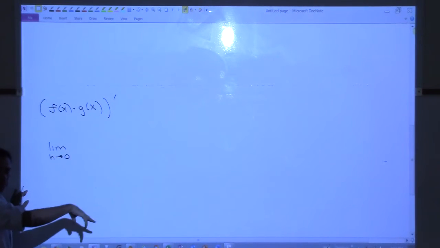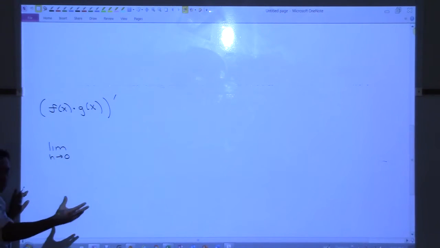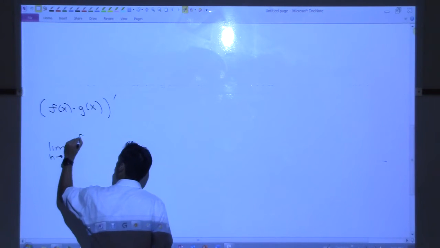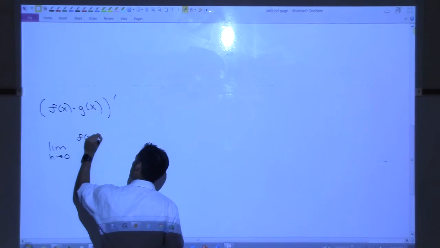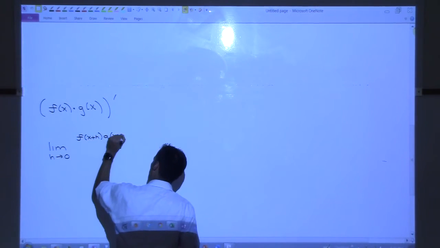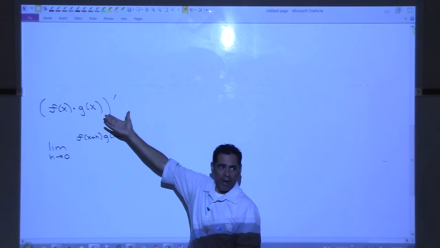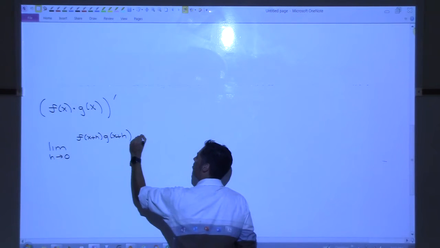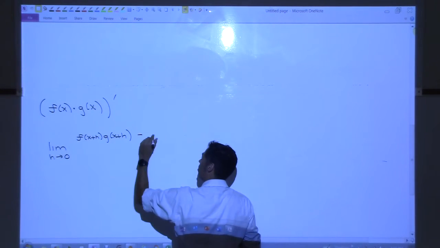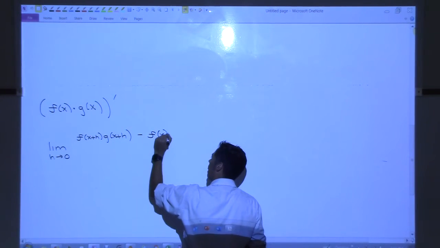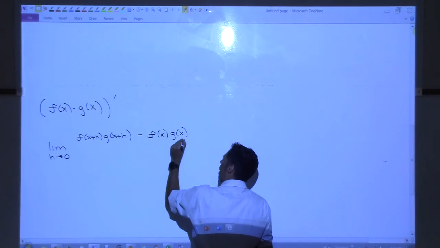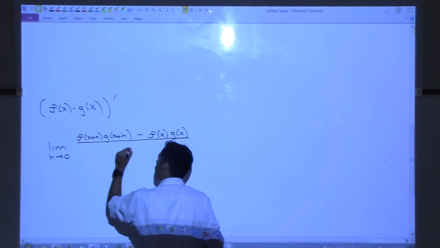And then divide the whole thing by h. That's the limit definition. So if I plug x plus h into this, I get that, right? If I ask you to plug x plus h in for x, and then I subtract from that just the function itself with only x plugged in, and then divide the whole thing by h.